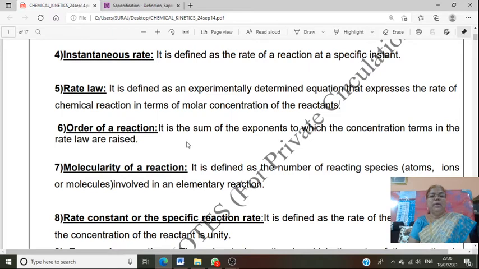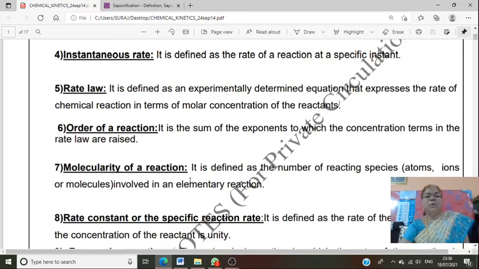It may be positive or negative. Then the molecularity of a reaction is defined as the number of reacting species, atoms, ions or molecules involved in an elementary reaction. And remember that molecularity of the reaction may or may not be the same as the order of reaction, and molecularity is always an integer and positive value.